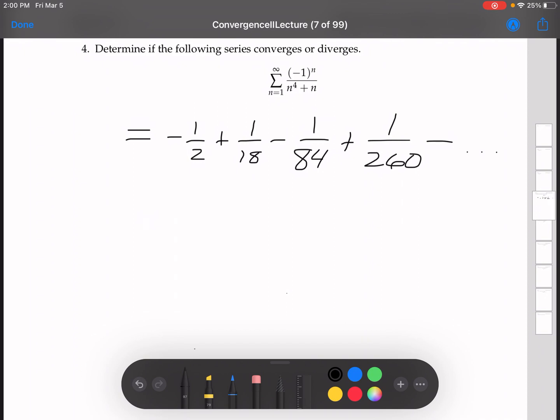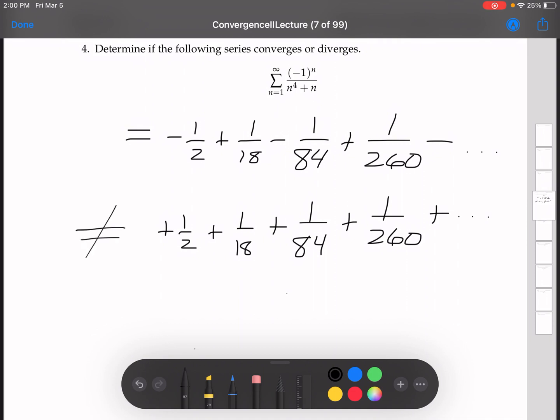So if we make these all positive, this is going to be positive 1/2 plus 1/18 plus 1 over 84 plus 1 over 260 plus. So you can see these are not the same series. These are definitely not equal.